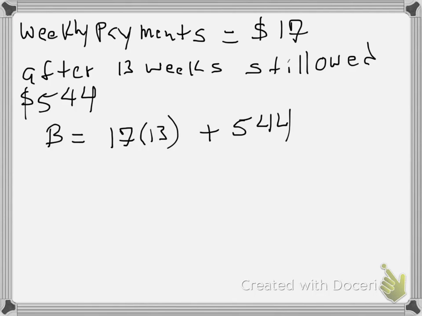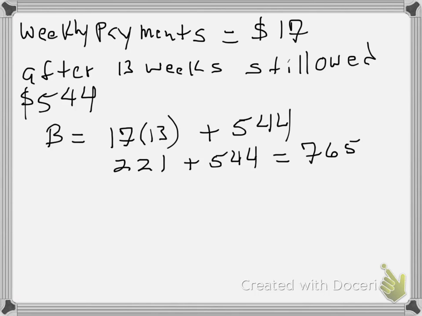Okay, so 17 times 13 is, let's see, 170 and 51, 221. 221 plus 544. And that becomes 765. So he borrowed a total of $765.